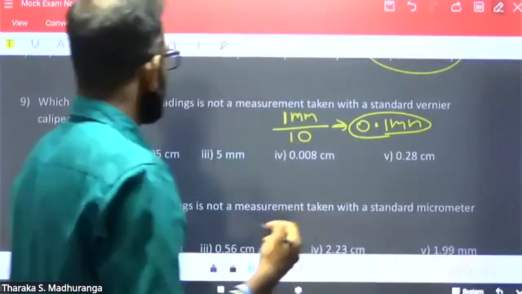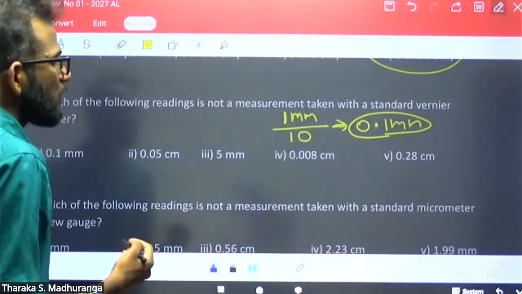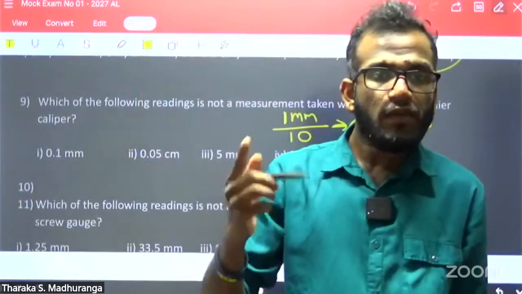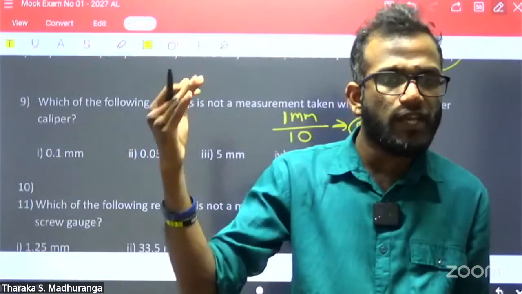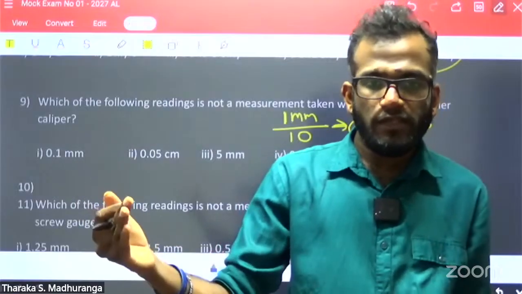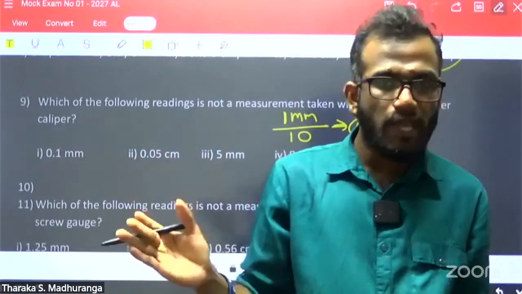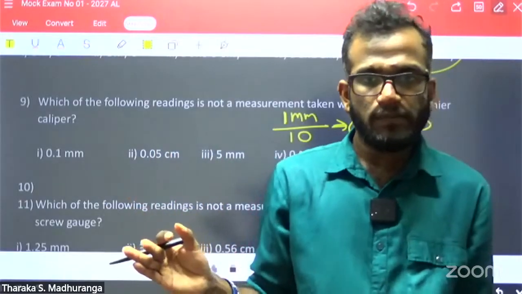And I told another thing. What is the maximum measurement that we can obtain by a standard vernier caliper?